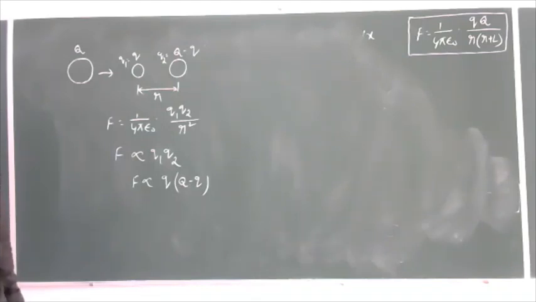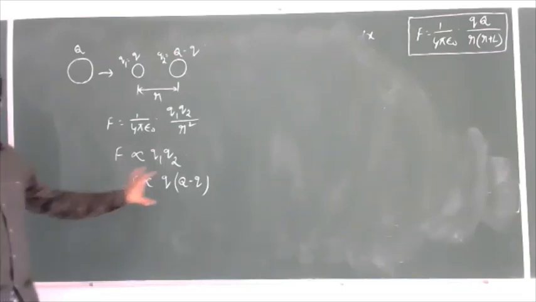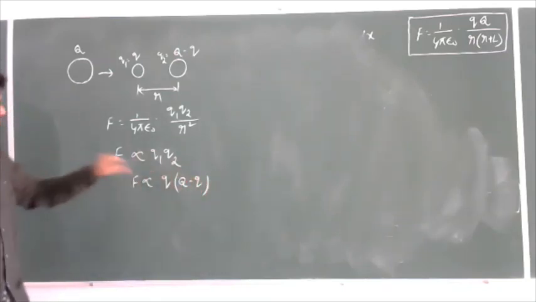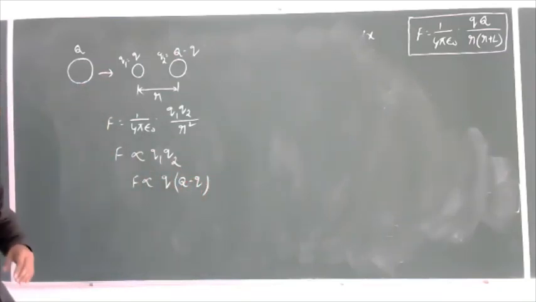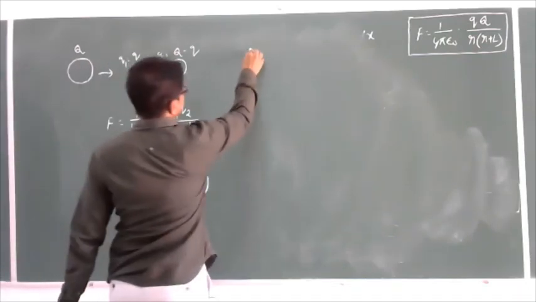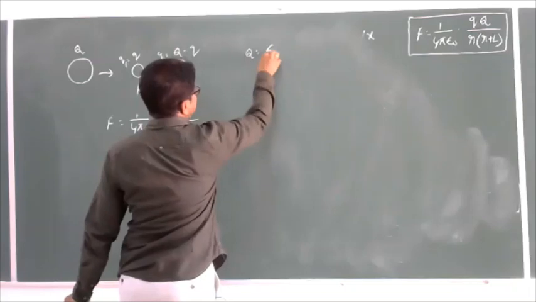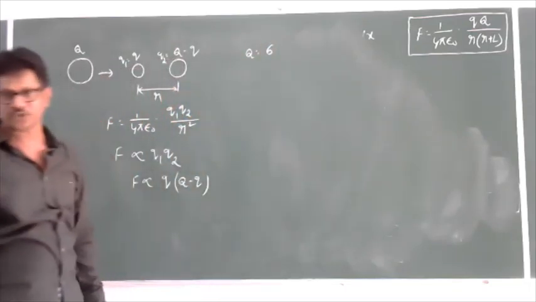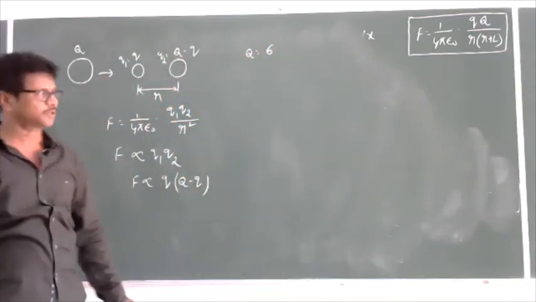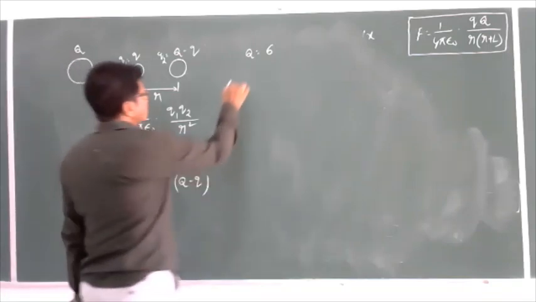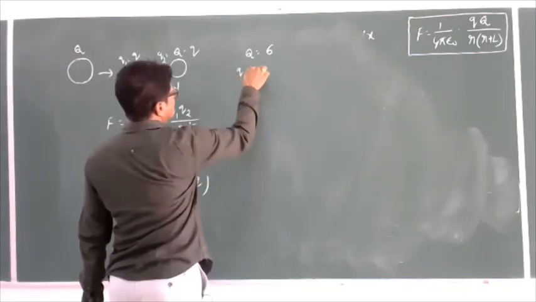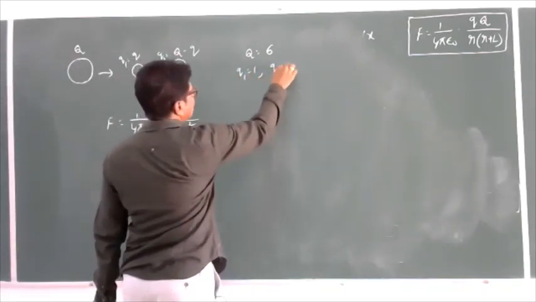Here we need to go with the differentiation, later we'll discuss. For example, the total charge Q is equal to 6. I take 6 coulomb to understand the concept. If Q1 is equal to 1, Q2 will be 5.